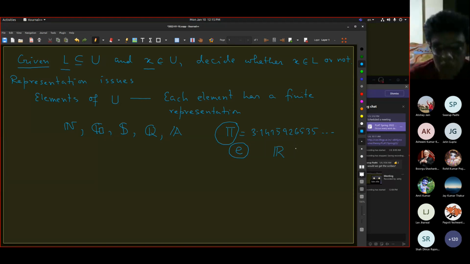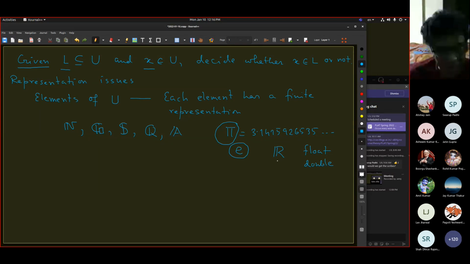What we often do is make a finite precision approximation of real numbers. This gives us something like floating point numbers: float, double, long double, and things like that. These we can do in a finite amount of space, but all elements of R cannot be represented using a finite amount of space.